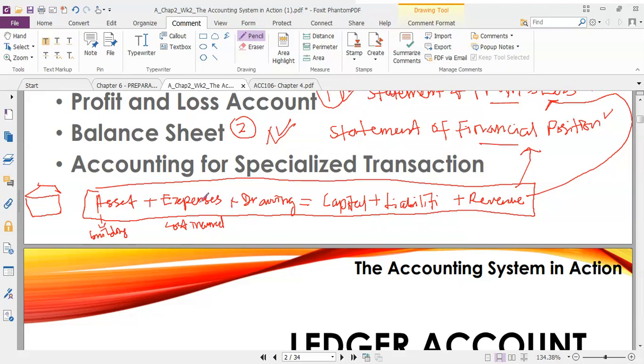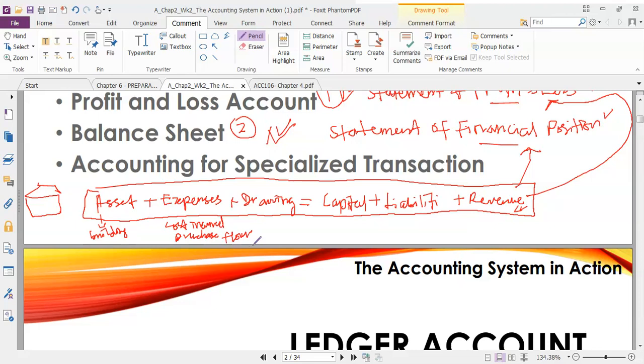Okay. Tanpa expenses, tanpa kita keluarkan duit untuk kita buat perbelanjaan, so kita tak akan dapat revenue. Kita tak akan dapat jualan hasil daripada business tersebut. So cost incurred ni, for example, purchase of goods. Kalau kedai bakery tadi, dia nak buat roti, buat kek, mestilah dia kena beli tepung.